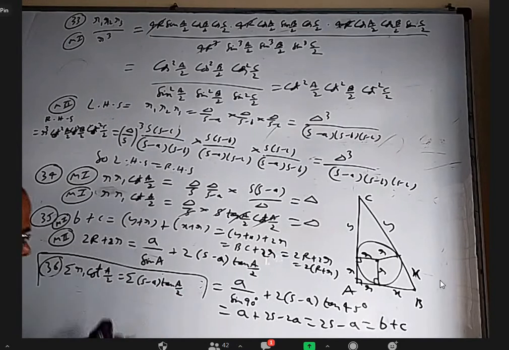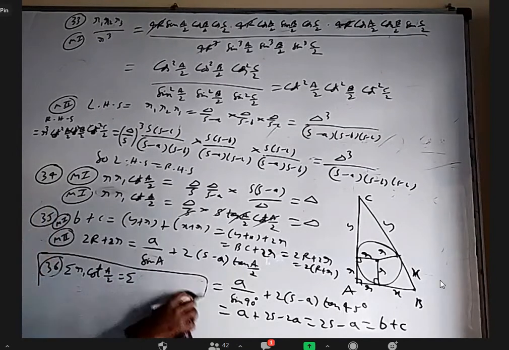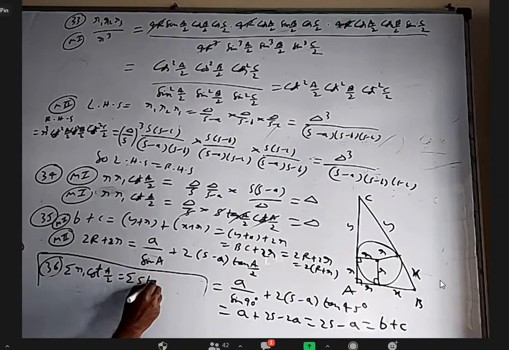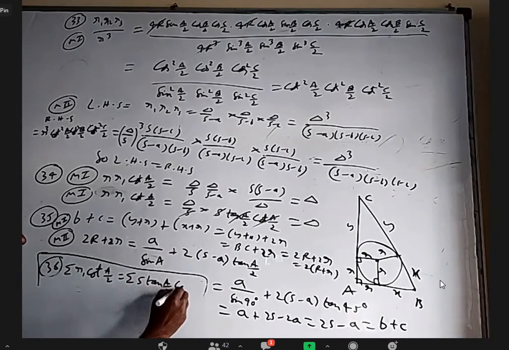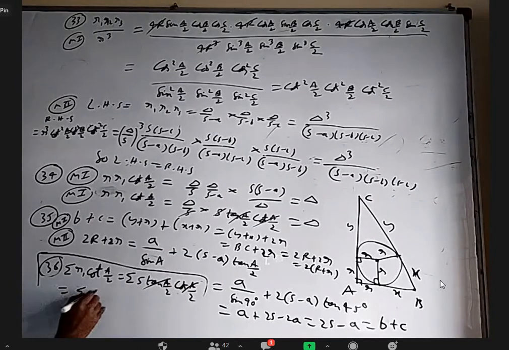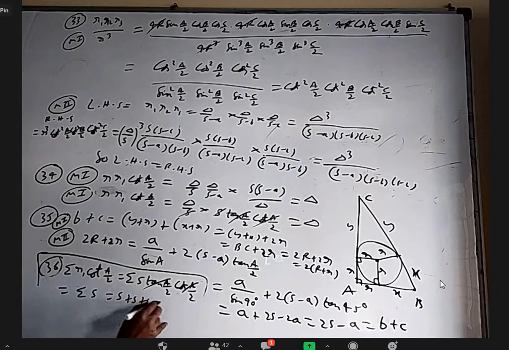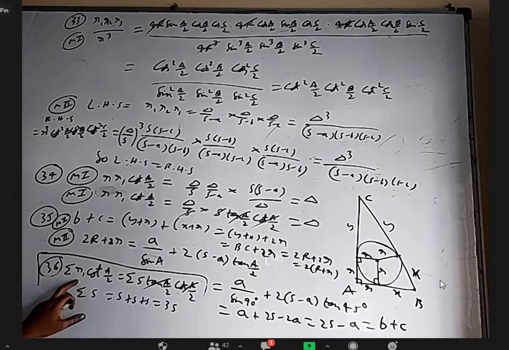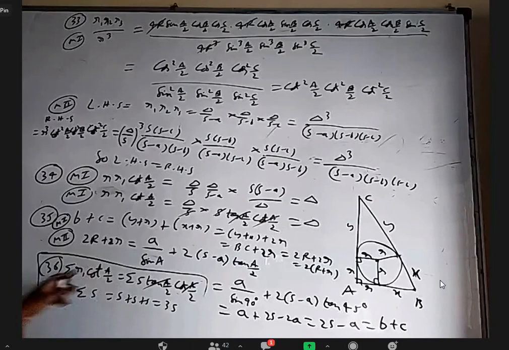No, s tan A by 2. Yes, thank you. S tan A by 2 into cot A by 2. Tan A by 2 and cot A by 2 will cancel, you'll get sigma S. Sigma S means S plus S plus S, which is 3S. If you don't remember s tan A by 2, no problem, write delta by S minus A here, and cot A by 2 is S into S minus A by delta. Also you'll get S only.